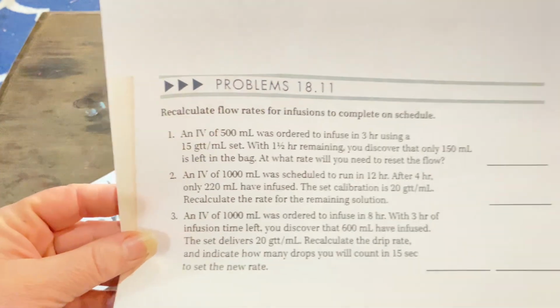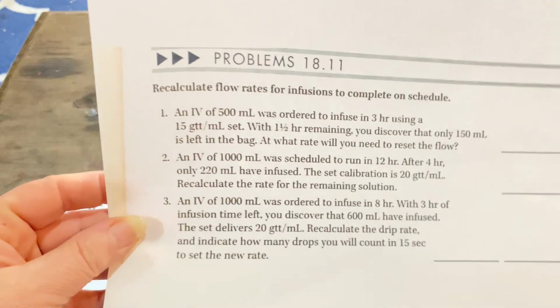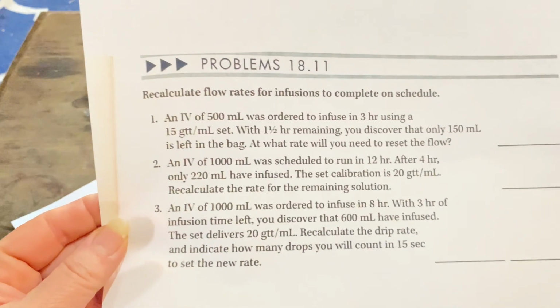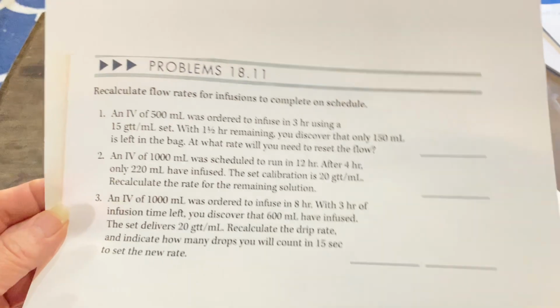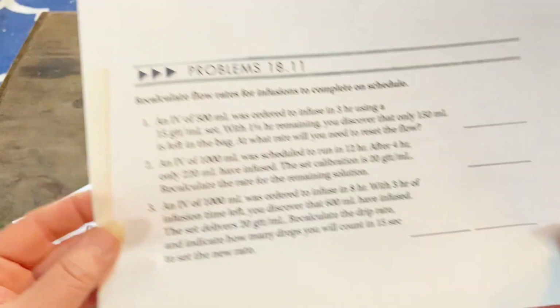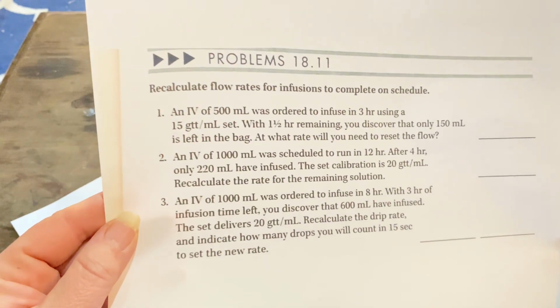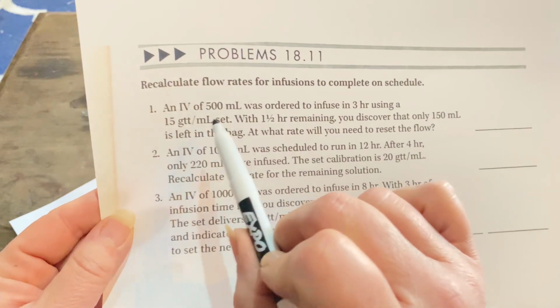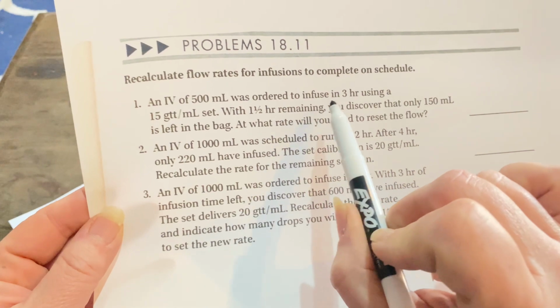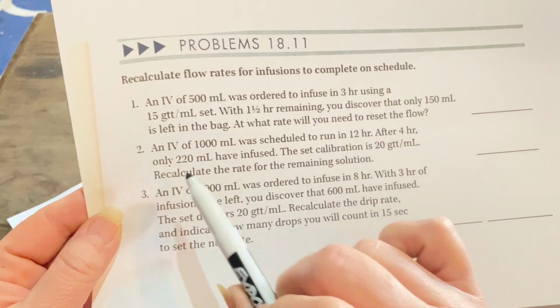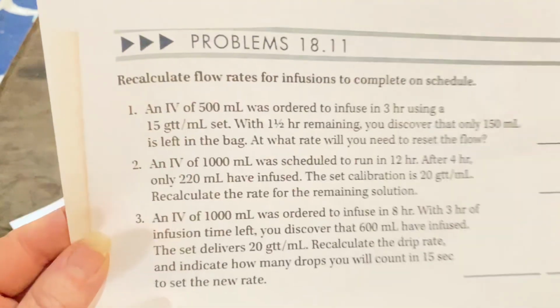So this is 18.11, and number 1, that's all we're looking at. The thing about these problems, you're going to have to read it correctly. It says an IV of 500 milliliters was ordered to infuse in 3 hours using a 15 drop factor.